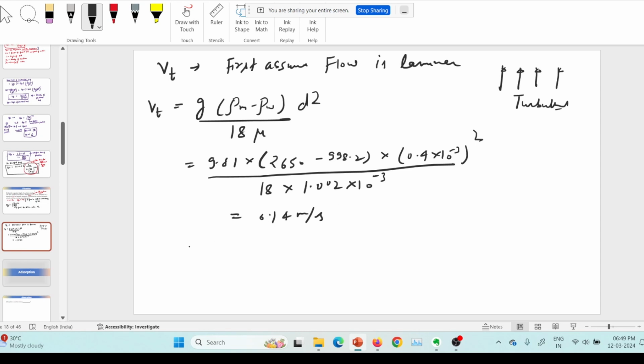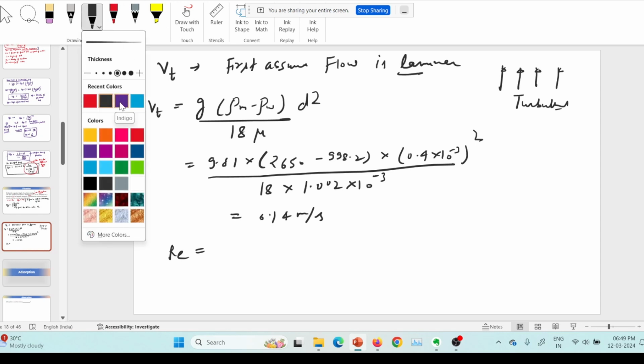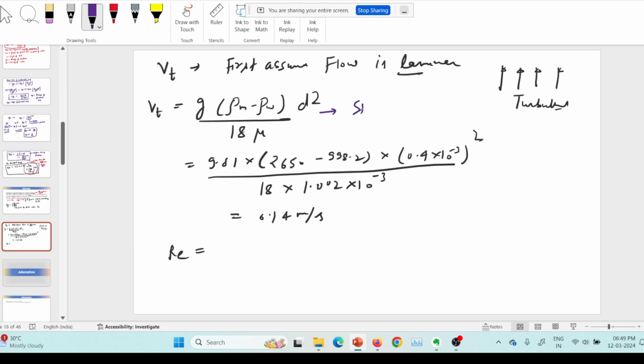Then we will calculate the Reynolds number, to check whether our assumption that the flow is laminar holds, since we used Stokes law. The Reynolds number is phi, density of water, filtering velocity, diameter of particle, divided by mu.